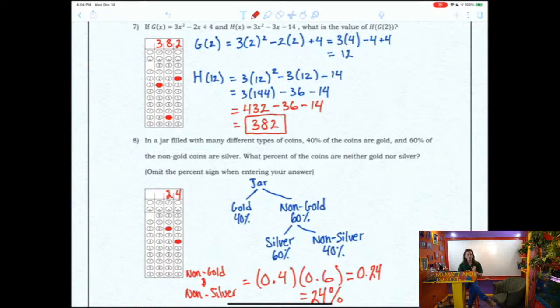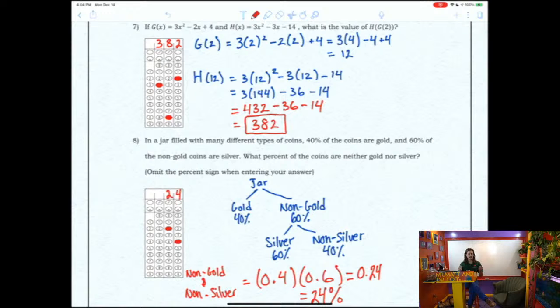But the word or is indicative of addition, or adding the two probabilities together, because you can either be this one or that one, so that expands the possibilities because it's a less restrictive criteria. So I hope that makes sense. If there's any questions on that, then let me know.